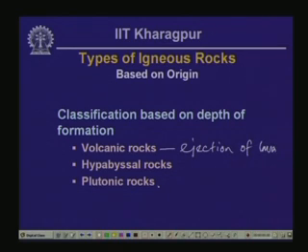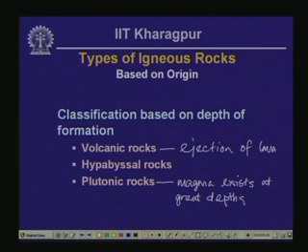Then plutonic rock is when magma exists at great depths, and hypabyssal is really an intermediate state in which magma occurs at a shallow depth, but nevertheless the rock formation takes place underground.